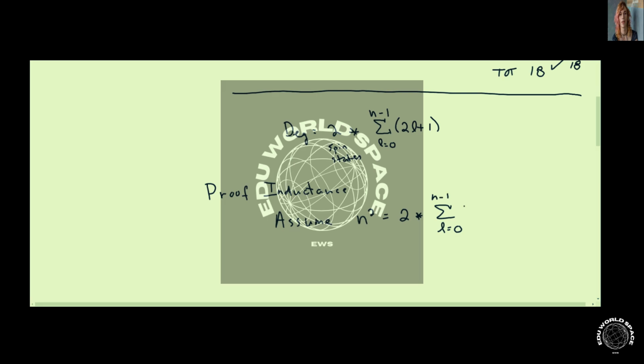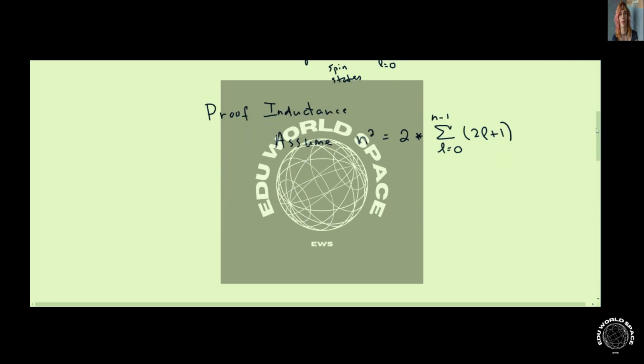It's sort of looking like it does. And if you can then show that it works for the next level up, we'll put a question mark by that because we want to show it, not just state that it's true. We want to say n prime is equal to n plus 1.